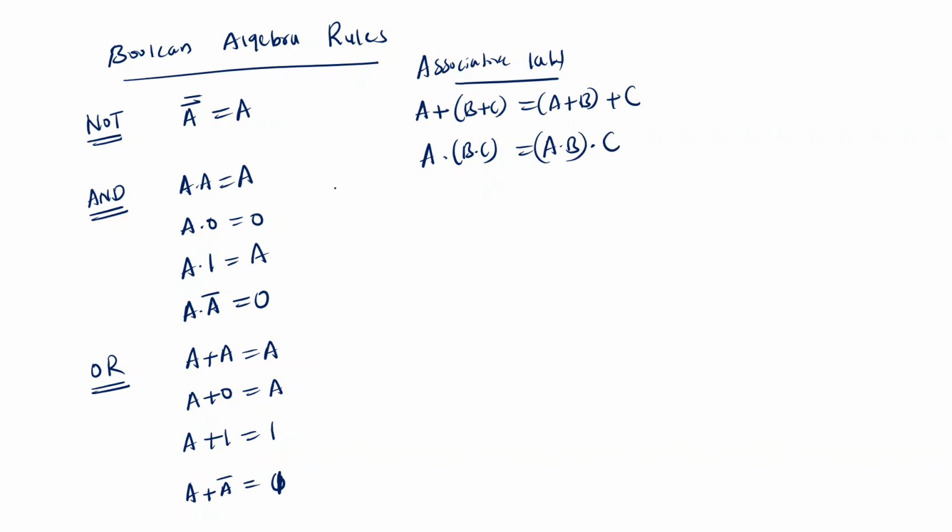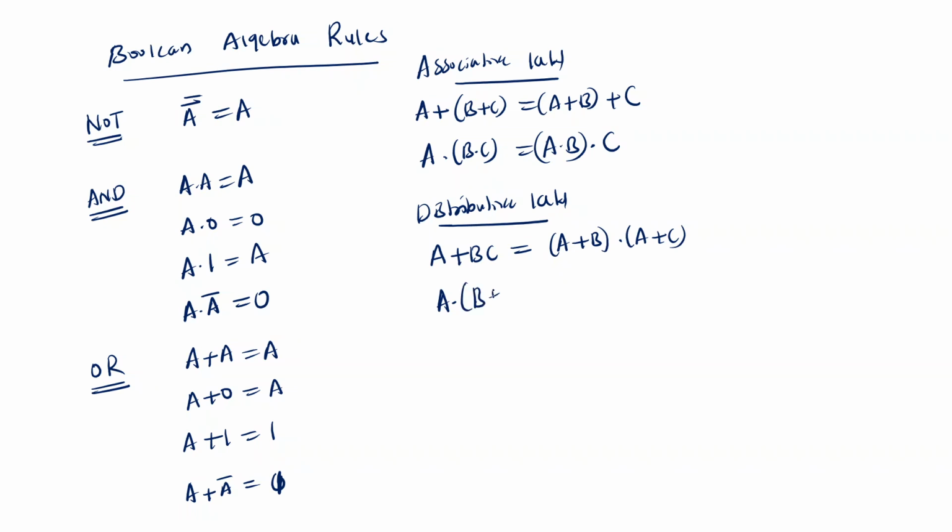Next you have the distributive law. A OR B C equals (A OR B) AND (A OR C). And the dual, A AND (B OR C), equals A B OR A C. Next, absorption law.